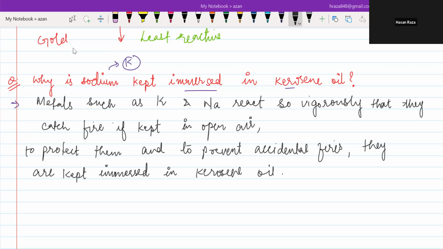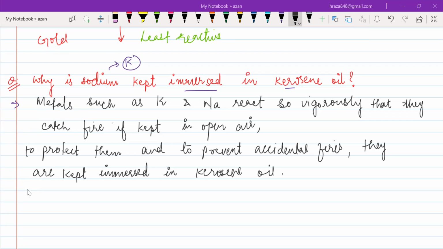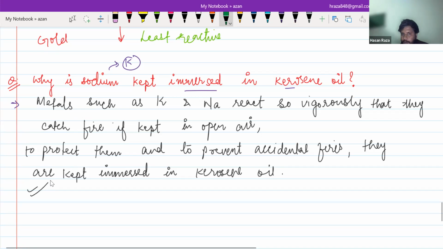Are you done with this? Okay, please write it and let me know. This is how you are going to write if it will be of 2 marks or 3 marks.